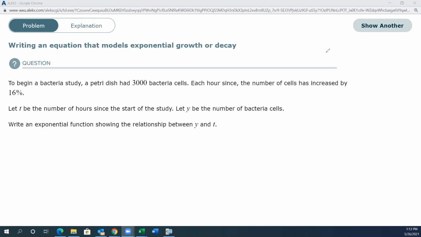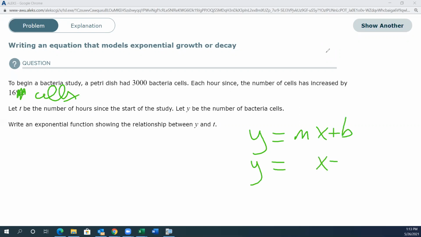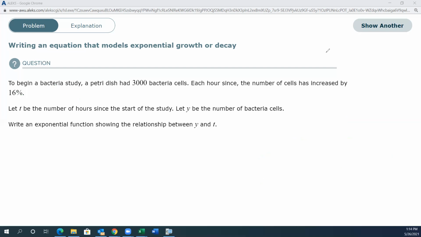If it was increasing by just 16 cells, then we'd say, oh, this is a linear situation where I'm starting with 3,000, my y-intercept, my starting amount, and things are going up by 16 every hour. So if they just got rid of percent and said cells, that would be the equation. But that wasn't the equation. So we're not going up by the same amount of bacteria, but by the same percent of bacteria.